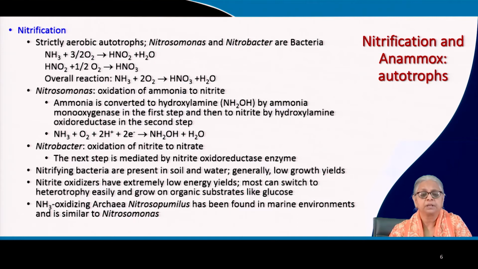Nitrosomonas and Nitrobacter are part of bacteria, which means they are modern bacteria. One species of ammonia oxidizing archaeobacteria has been found in marine environments, and it is very similar in its mechanism of utilizing ammonia. It's very similar to Nitrosomonas. The archaeobacteria is Nitrosopumilus, and that's something that seems to have been found recently.